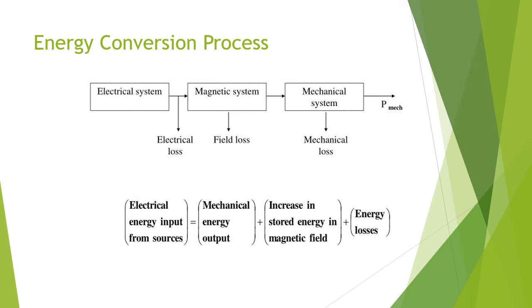As you can see in the diagram, the losses are: in the electrical system, the solenoid coils, the electrical resistive or copper losses of the coils; the magnetic losses, which are the core losses; and in the mechanical system, the friction and windage losses.